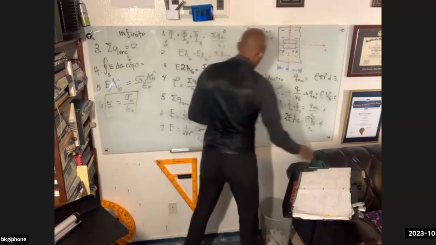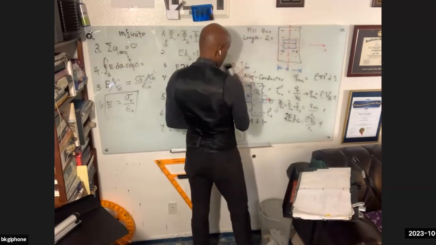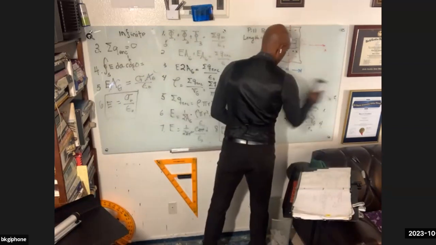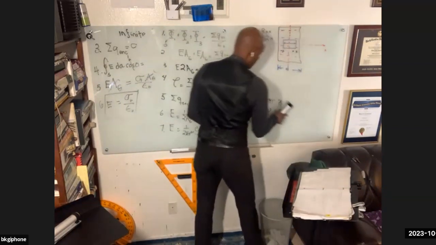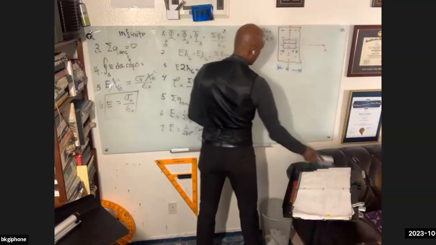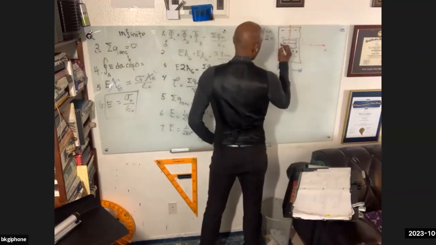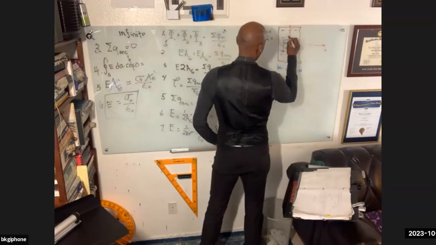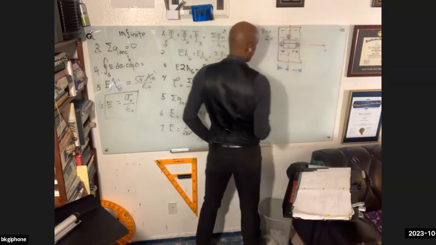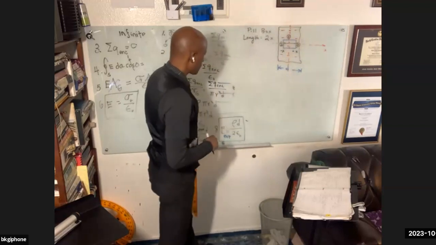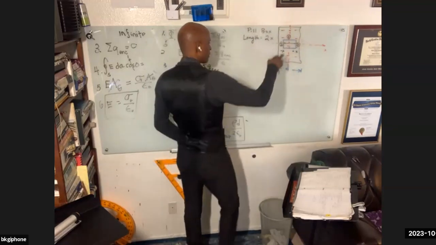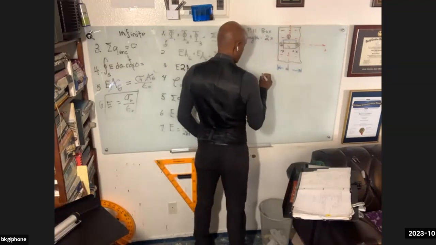So now let's apply Gauss's law to the pillbox on the inside. Now we still have three surfaces. We'll name them the same: side 1, side 2, side 3. I'm arguing that for the reasons we mentioned earlier, the flux of side 1 is still going to be 0.